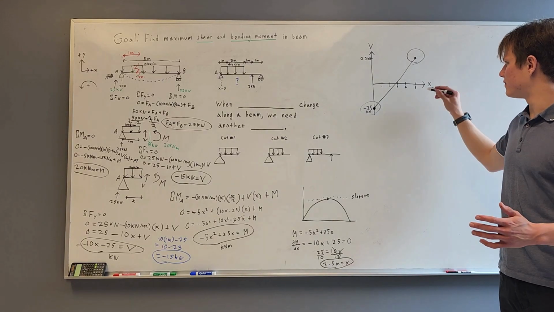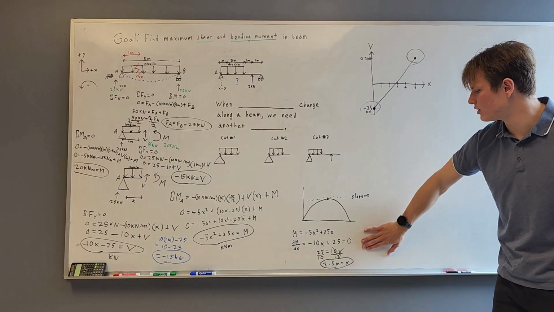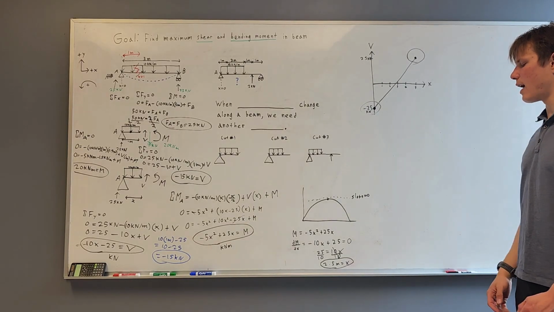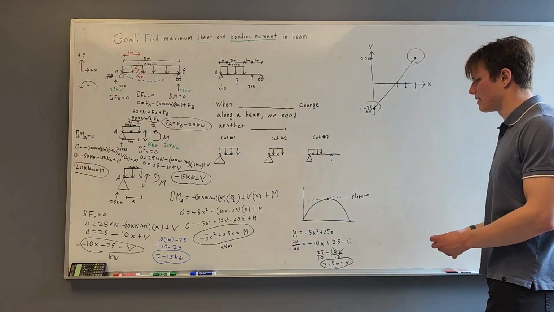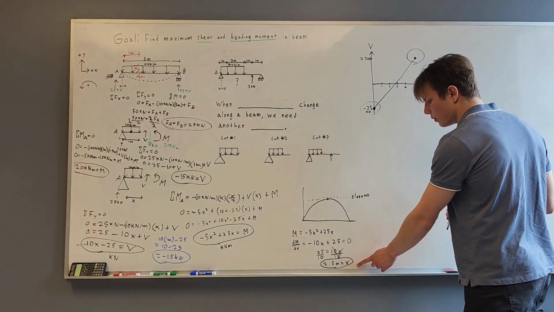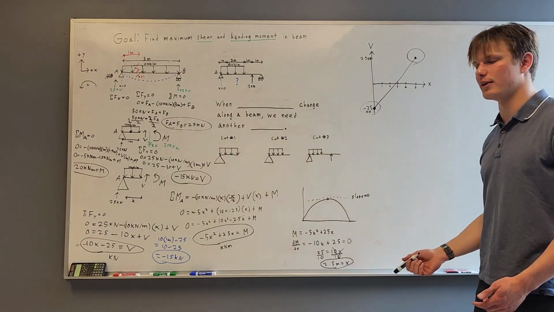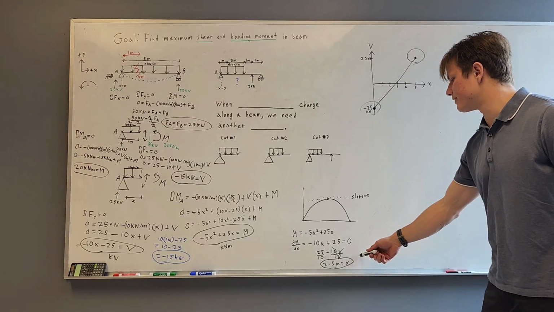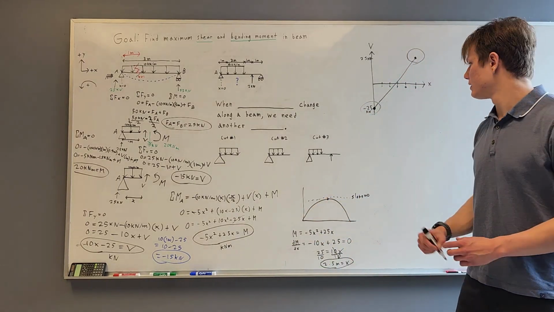So now that we've covered shear, I want to quickly go back to the location of maximum moment and show how we can use this to find the value of that bending moment in the beam. So now, knowing that our location of the maximum bending is at x equals 2.5 meters, all we need to do is sub this back into the equation we found from the moment.